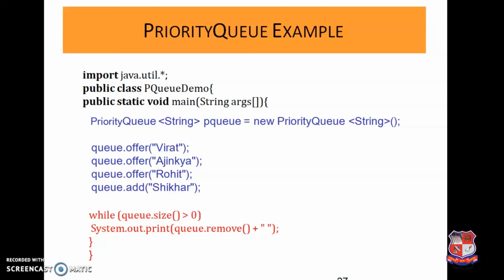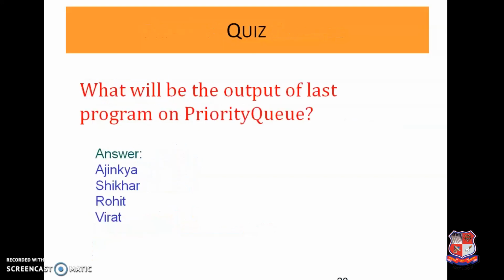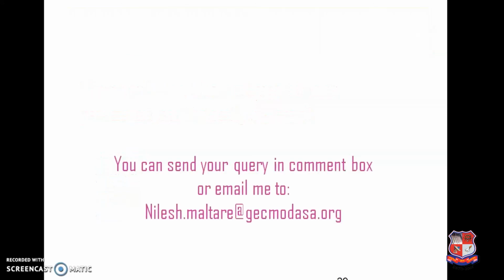So Ajink will be the least value and it represents the highest priority. That is the reason Ajink will be printed first. And similarly, you can get lexicographic sort of strings. So this is the example on PriorityQueue. You can also take examples from various sites and run them from your end.